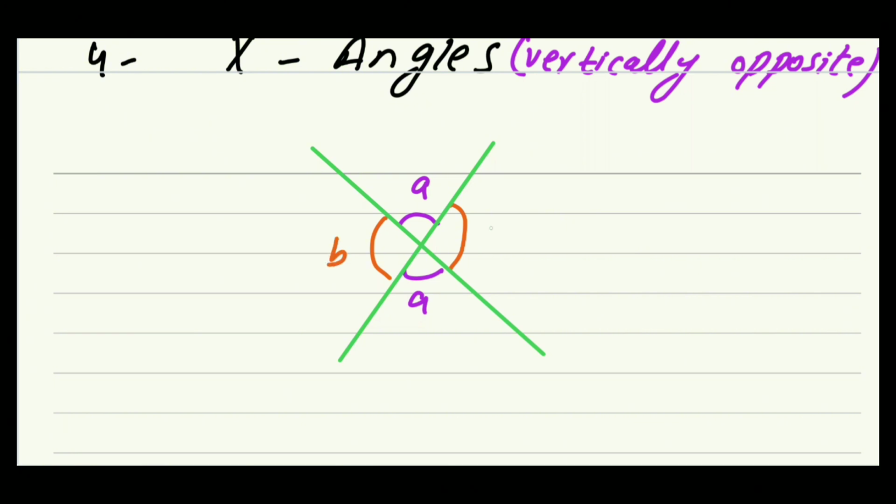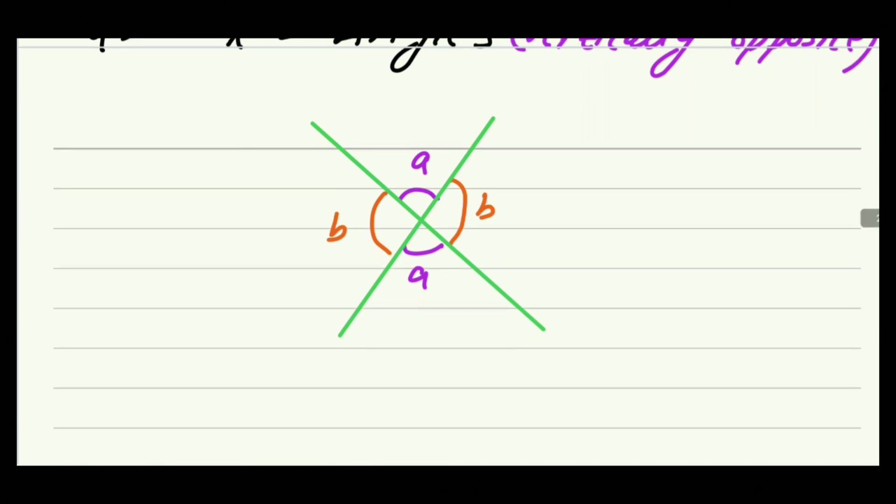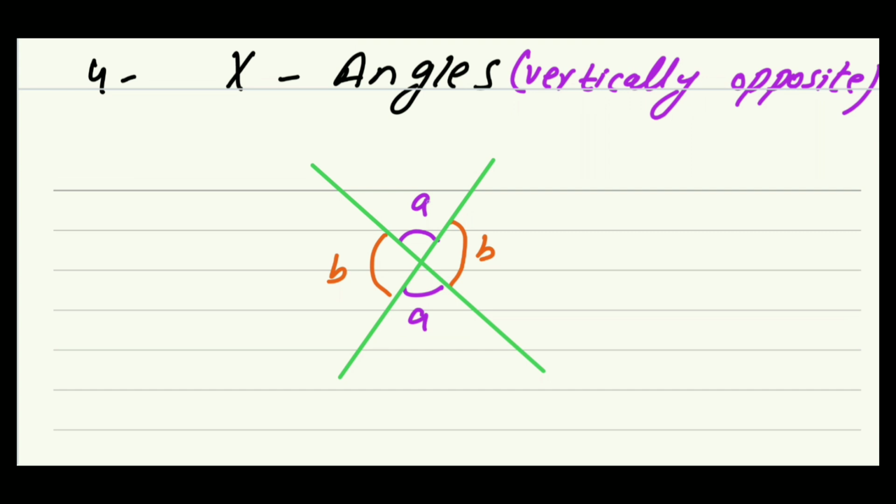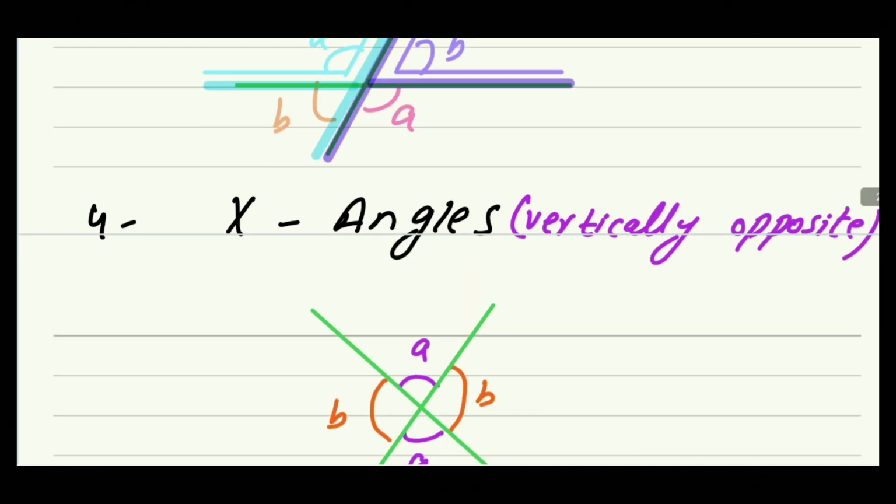Like if this is B, this will also be B. A and A are called vertically opposite angles, and these two are also called vertically opposite angles. What is the property of vertically opposite angles? They make an X shape, and vertically opposite angles are always same.